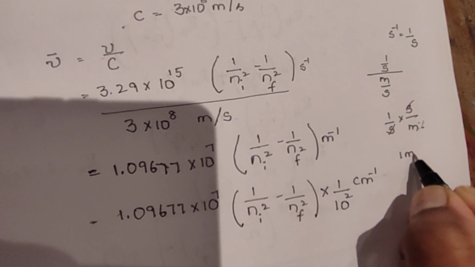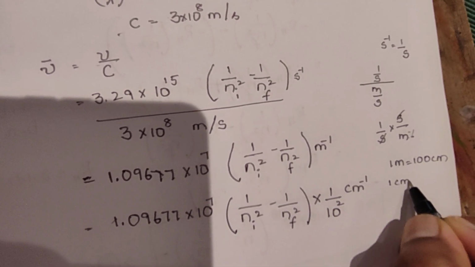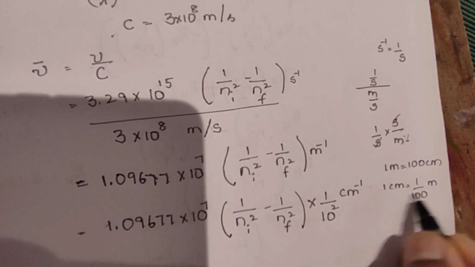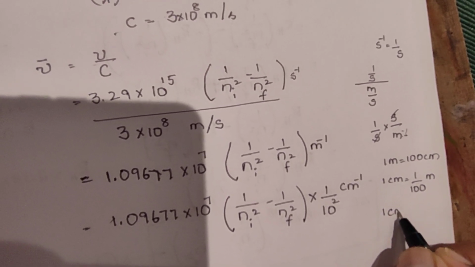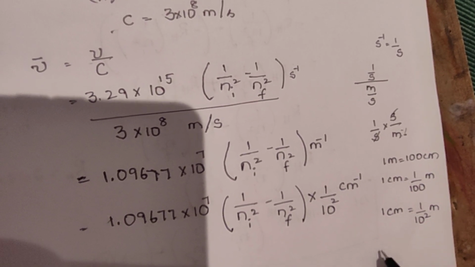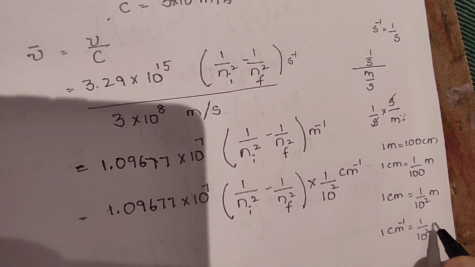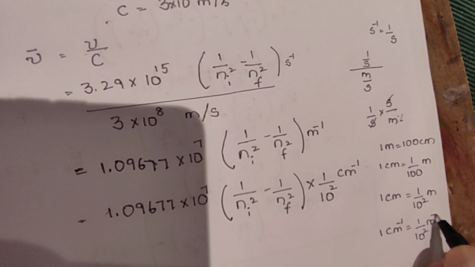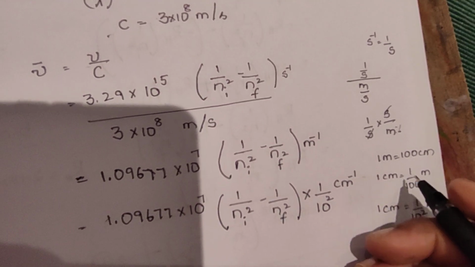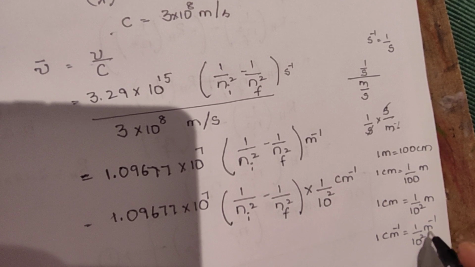See here, 1 meter is equal to 100 centimeters. 1 centimeter is equal to 1 by 100 meters. 1 centimeter is equal to 1 by 10 square meters.